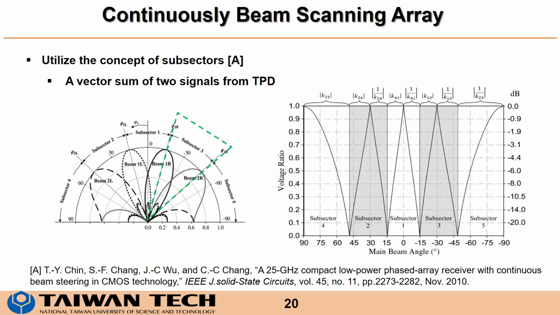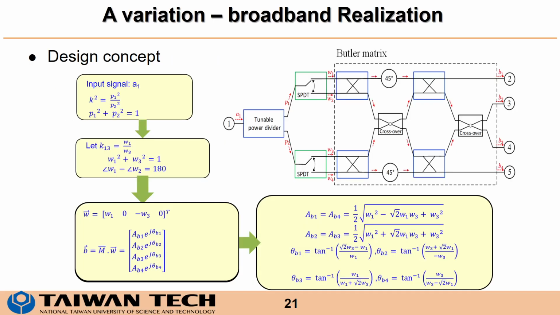And in total, we have five subsections representing five combinations of the two input ports of the parametric. And the design concept is based on the equation that we show here.